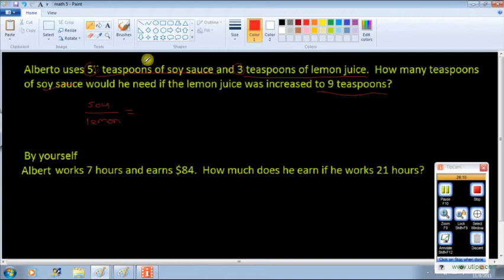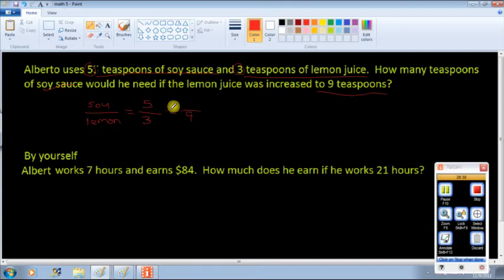So I have 5 teaspoons of soy sauce, so 5 goes with soy, and 3 goes with lemon. Now in the question it says, how many teaspoons of soy sauce would he need if the lemon juice was increased to 9 teaspoons? So I do know that the lemon juice was increased to 9.